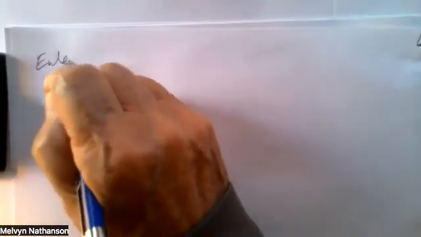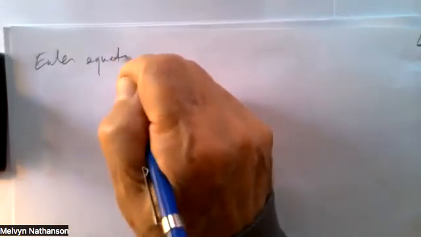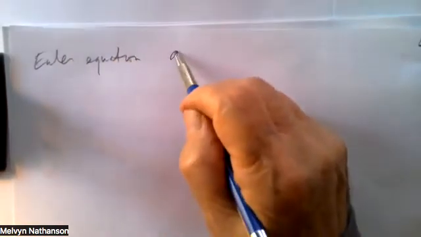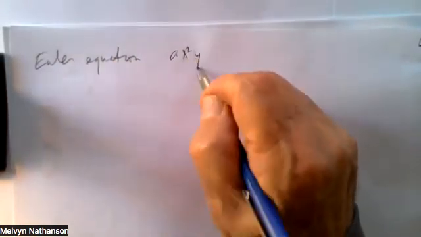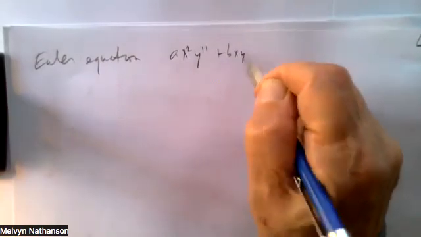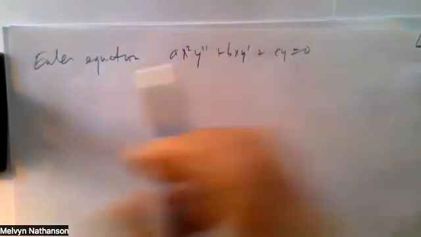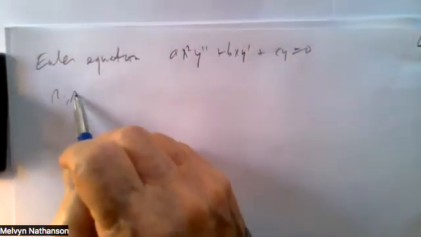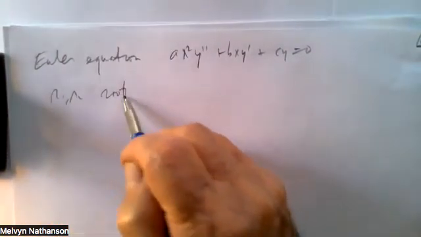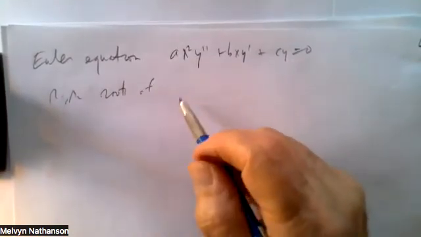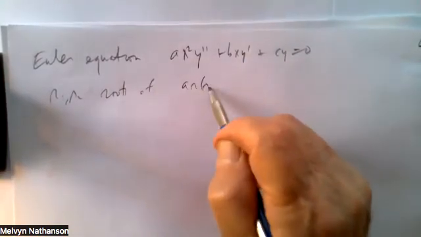So let me state as a theorem how one solves an Euler equation: a x squared y double prime plus b x y prime plus c y equals 0. Let's say r1 and r2 are the roots of the quadratic equation.